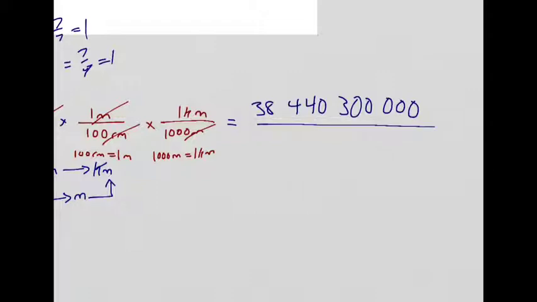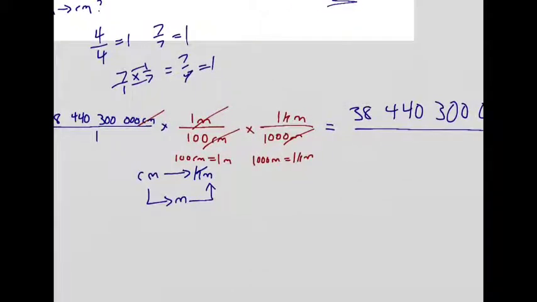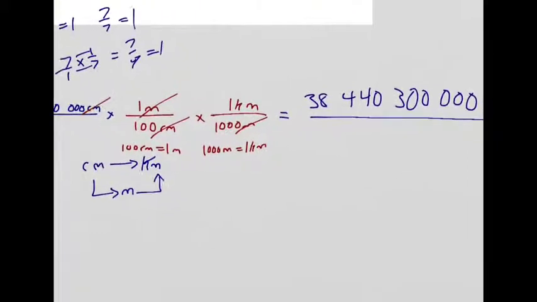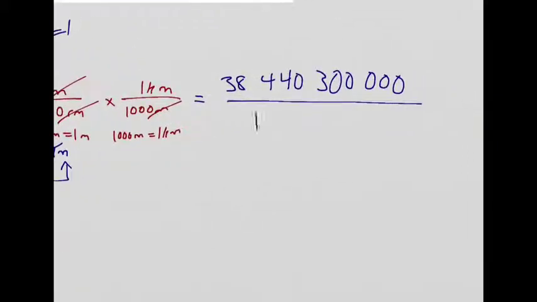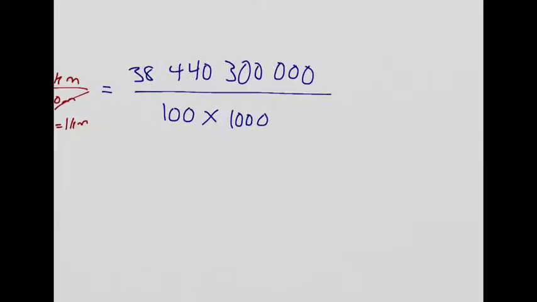All over, what am I multiplying on the bottom? 1,000 and 100. And a 1, but that doesn't matter. So there's 100 times 1,000. So, what does that give me?